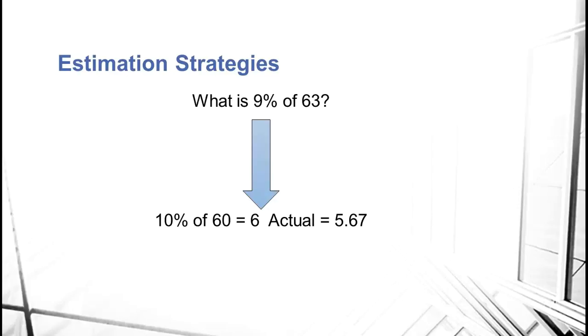And then you need to make an estimation based on the adjustments that you made. So in this example, 9% of 63, we're going up in our percentage, but we're going down in the number that we're taking it from. So we get 6 but we know that in actuality it's probably a bit lower than that. So we could get very close to the actual by just using estimation strategies.